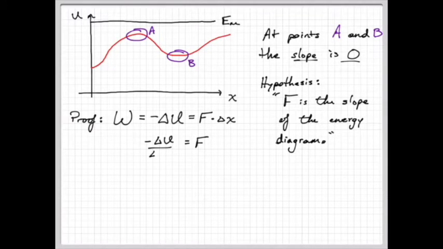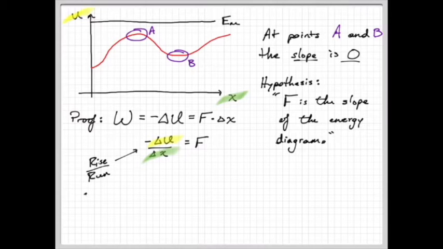Now if I solve this for F, I get the negative change in potential energy divided by x. Well, the displacement. But if you look at the graph, the y-axis is potential energy U, and on the top we've got change in U. On the x-axis, it's position x, and in the denominator here we have change in x. So on the graph, this really is connected to a rise over run.